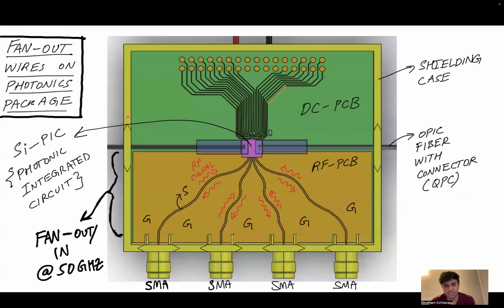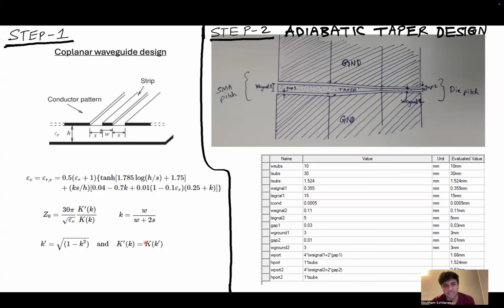Based on the dimensions at the SMA here, as well as the pads on the PIC, I designed coplanar waveguides near the PIC over here, as well as near the SMA over here, based on these equations. Then initially, I just designed a linear taper that goes from the pitch on the SMA to the pitch on the pads of the die.